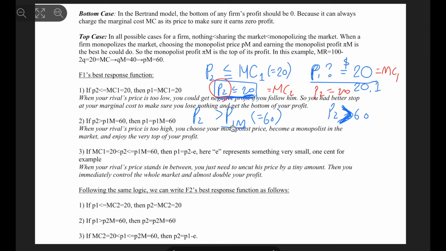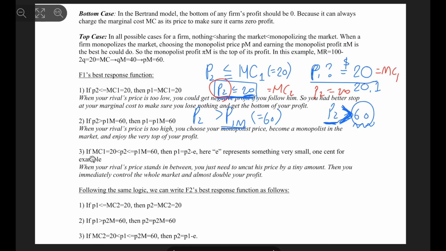So if P1 monopolizes the market, he would charge $60, right? He doesn't want more than that, right? So if P2 is charging more than $60, he can charge $60 to get the max profit of $16,000, right? So when P2 is greater than 60, the best solution for P1 will be 60, right?